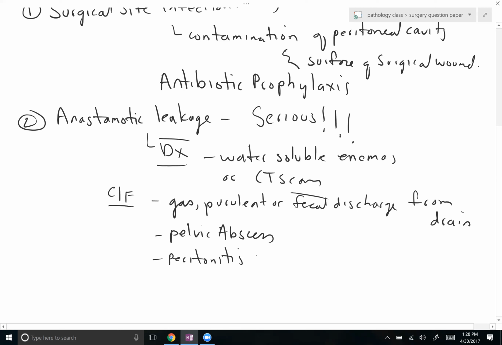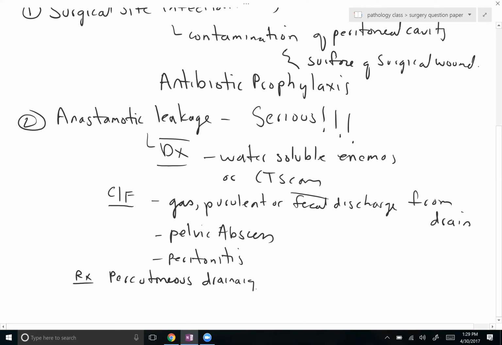Now, treatment is percutaneous drainage.